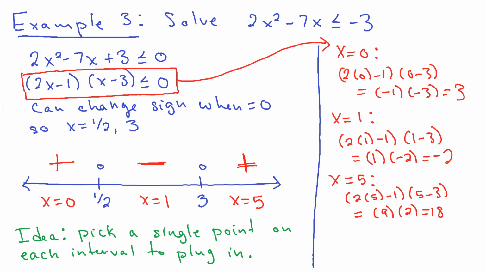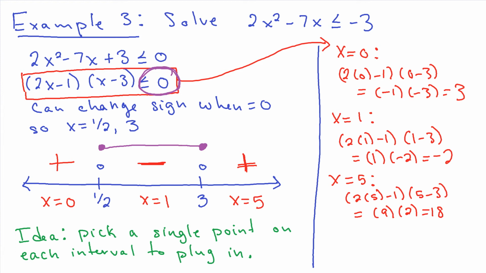And I look back at the expression that we're working with, and we want it to be less than or equal to 0. So we are looking for this interval right here where our expression is negative, and we want to include the endpoints because we want less than or equal to 0.